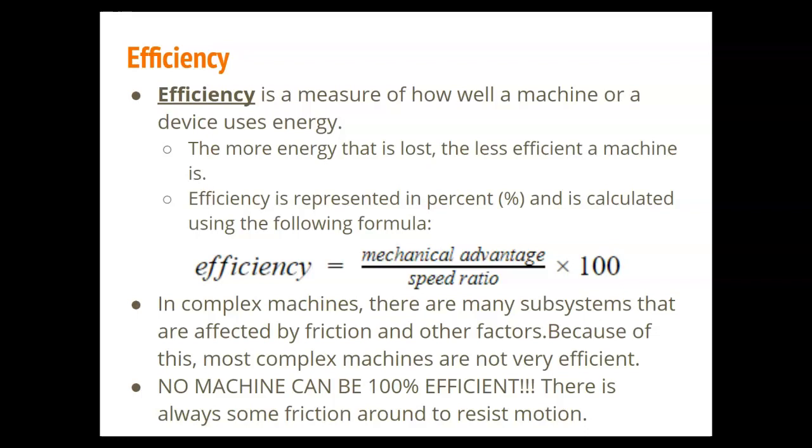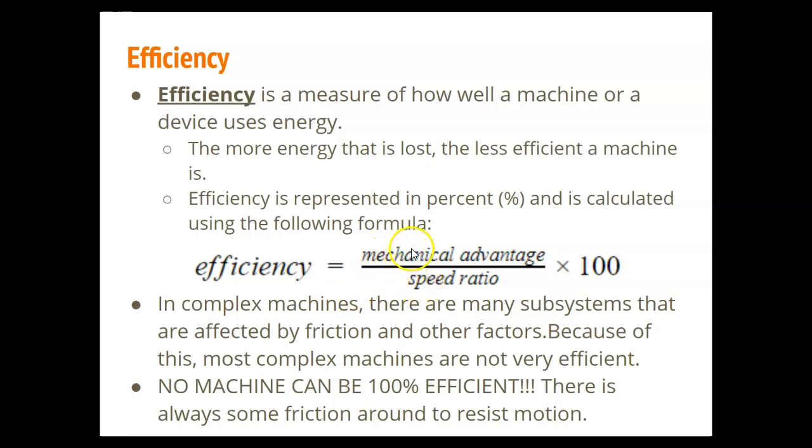And one way, and I'm going to emphasize this, one way we can calculate efficiency is this. We're going to see next year in Science 10, when we take efficiency again, we're going to have another way to talk about it. But efficiency is represented in a percent, and it's calculated using the following formula when we're talking about mechanical advantage and speed ratio.